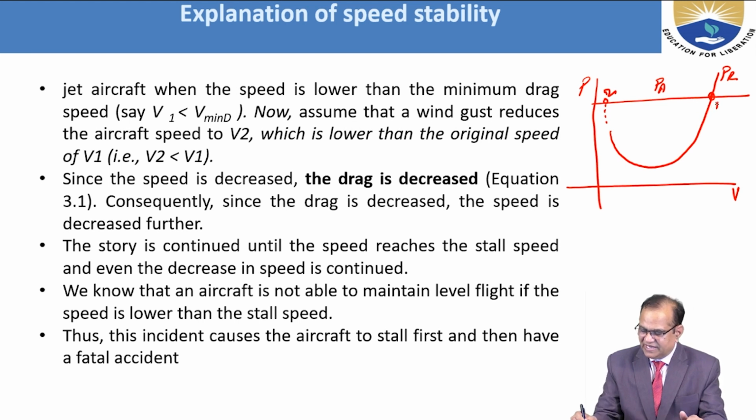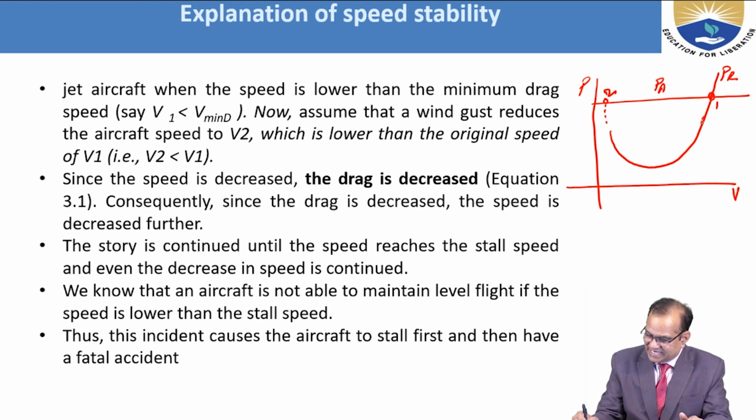So if this 1 is here and flying at less than this speed, but the power available is more, it will try to increase the velocity and it will reach here. If it is here, power is less, and it will try to decrease the speed and come back. But if you are here, this is your stall speed, and you are flying here, then what will happen?